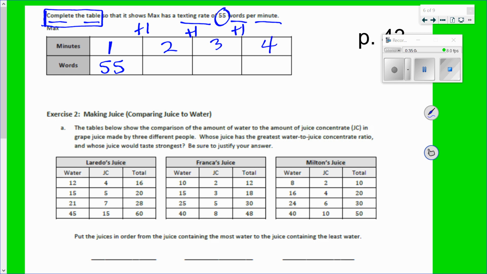And across the bottom, 55. 55 more is... I made it 160.